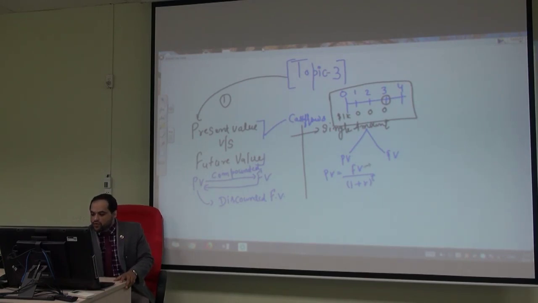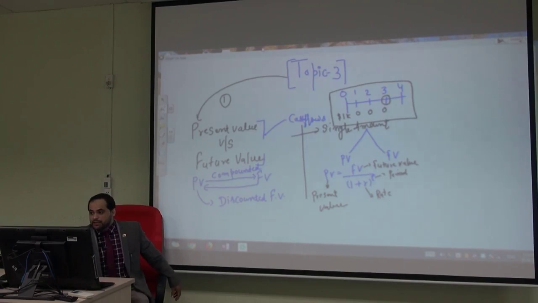FV stands for future value, PV stands for present value, r stands for rate of interest, and t stands for the period we are investing, like in this example, 3 years.